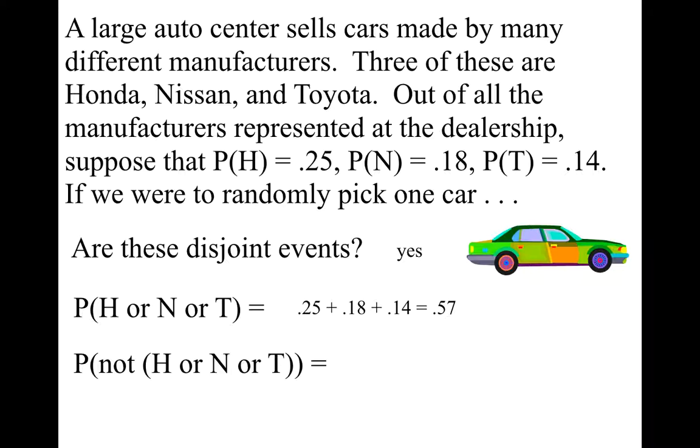Now, to do the complement of that, I'm just going to put this in here. The complement, remember, was 1 minus the probability that we found earlier. So the probability of not those is 1 minus 0.57, which is 0.43. That is the complement of the probability that we found up here using the addition rule.